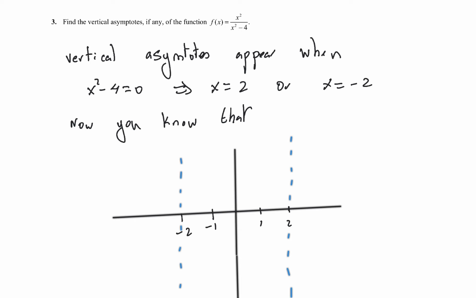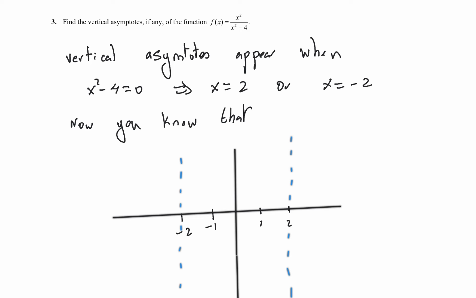The denominator is 0 when x squared minus 4 is 0, and this is true when x equals 2 or x equals minus 2. So here there are two asymptotes. We expect to have two asymptotes, one at x equals 2 and one at x equals minus 2.